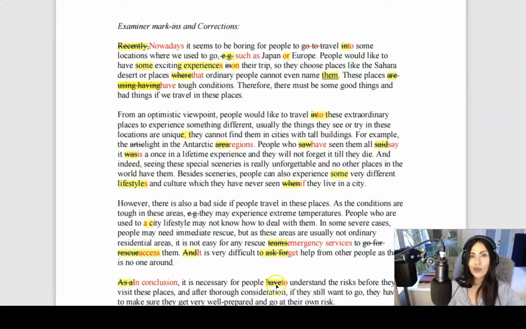Therefore, make sure that it is poignant and that you give your last, strongest reference here, and that your English is at its strongest. It is necessary for people to understand the risks, not it is necessary for people have understand. Okay, this might have been a literal translation, or it could have been that the candidate meant to write, it is necessary for people to understand.